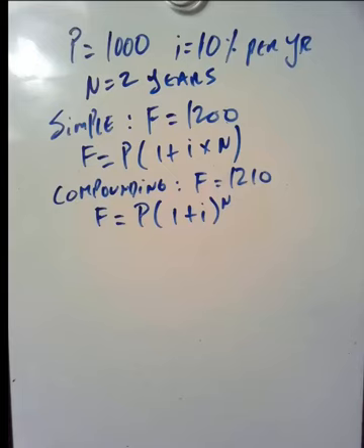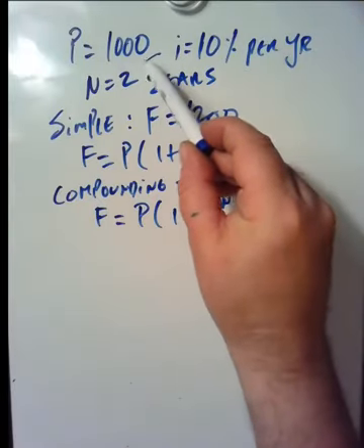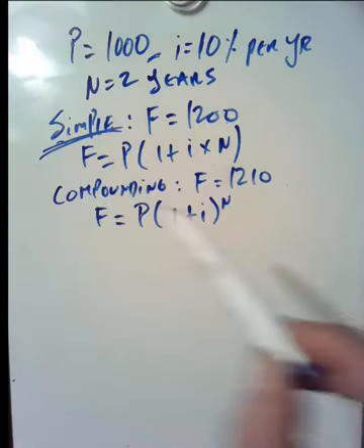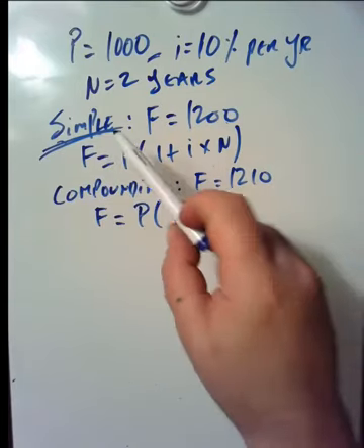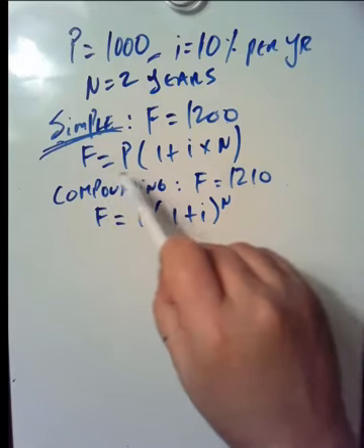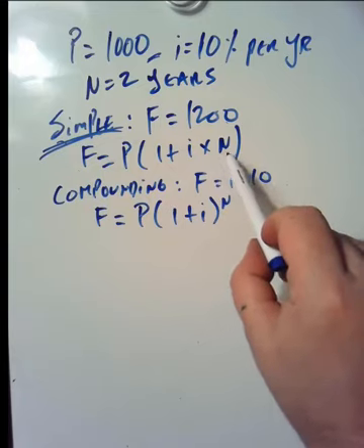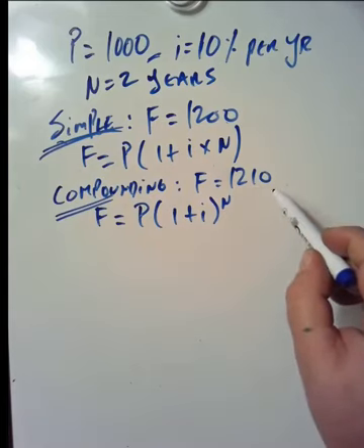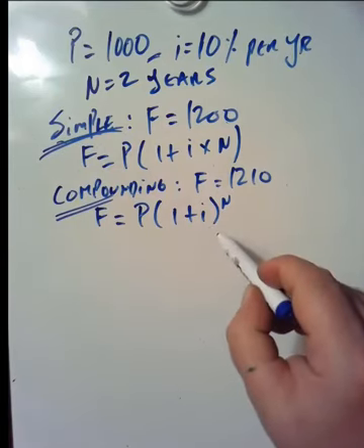So we just found out that for a situation where we have an investment of $1,000 at 10% per year over 2 years, if we were to accrue interest according to the simple interest method, we'll get 1200, because the simple interest method accrues interest in this fashion: 1 plus the interest rate times the number of years, whereas the compounding method will get 1210 as a future value because interest compounds in this fashion.